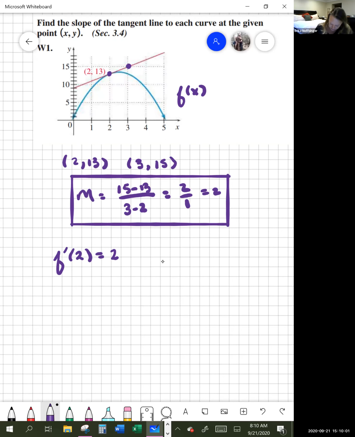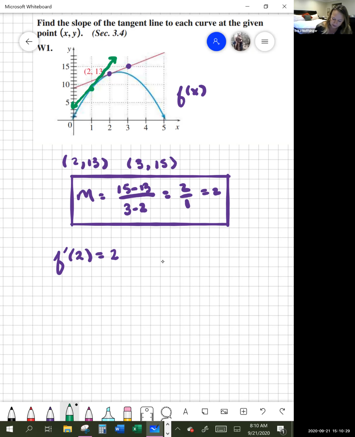Notice if you had chosen a point down here, maybe when x is 1. If I looked at this slope of the tangent line, I'm just going to estimate it. Notice this slope here is going to be larger than our slope here. That line is steeper than the red line that we just originally took.